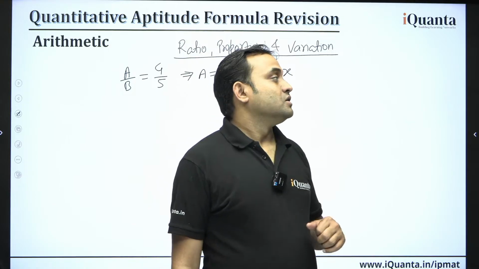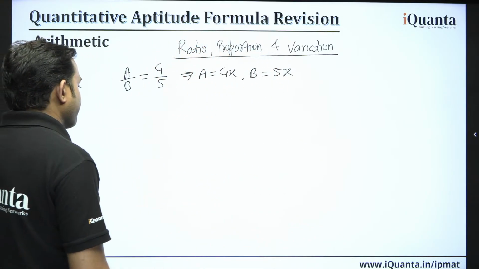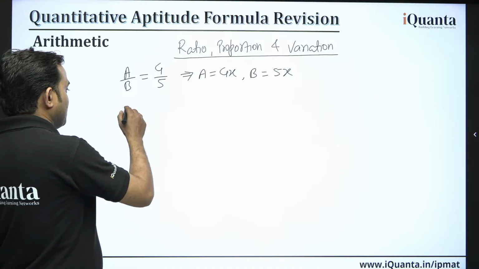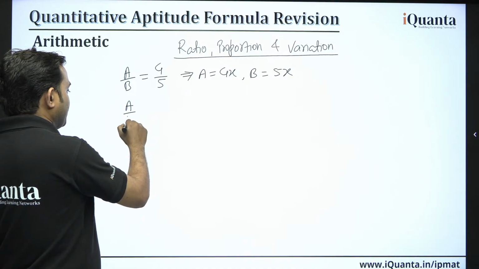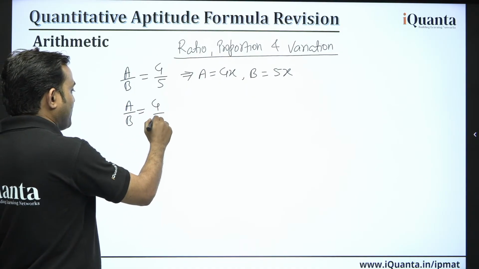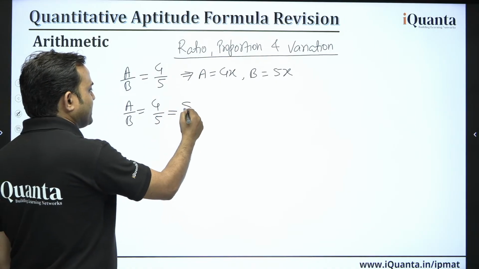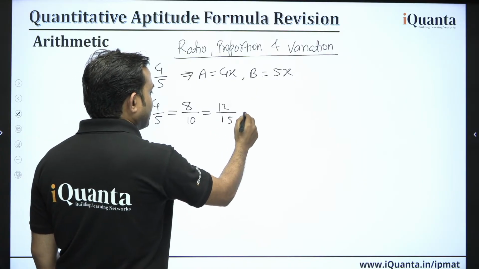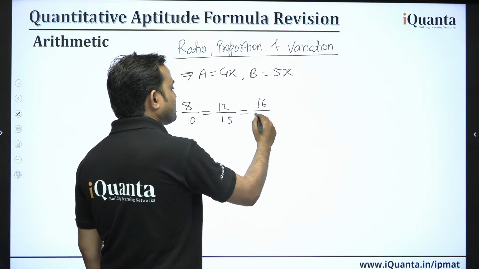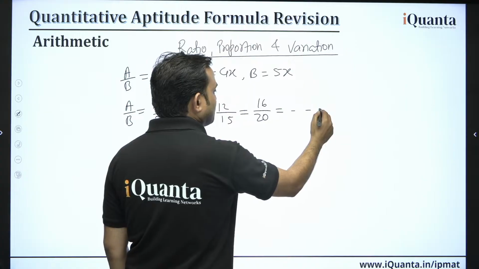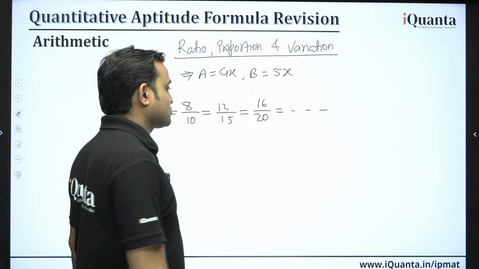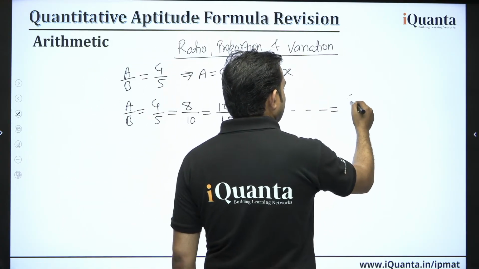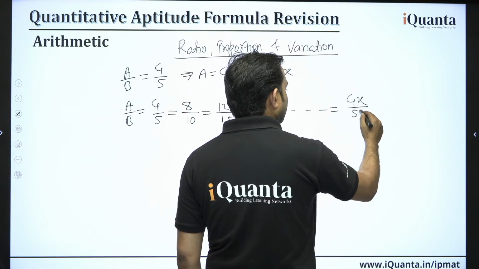So what we can say is that if A by B is equal to 4 by 5, then this can be 8 by 10 as well. This can be 12 upon 15 as well. This could be 16 upon 20 as well, and so on. Means this could be any 4x upon 5x.